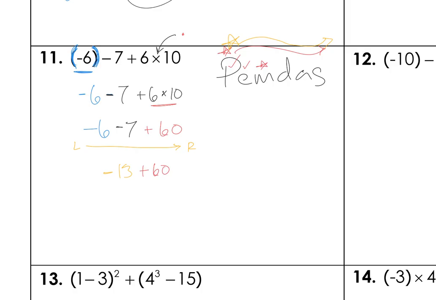Now, if you are having trouble with this stuff, this is a layer of understanding that we need to have. We can think through this a bunch of ways. Here's 0, here's negative 13, and we are about to add, we're about to go in the positive direction, 60.